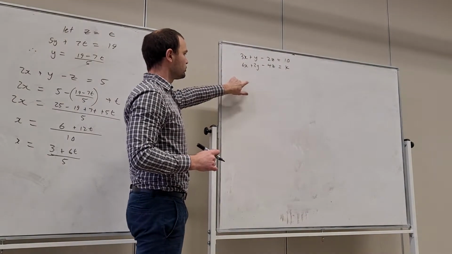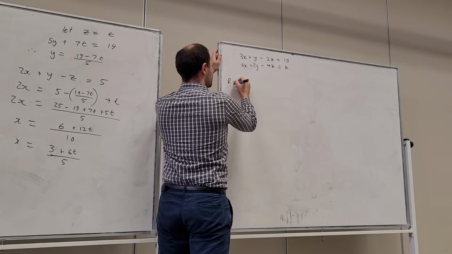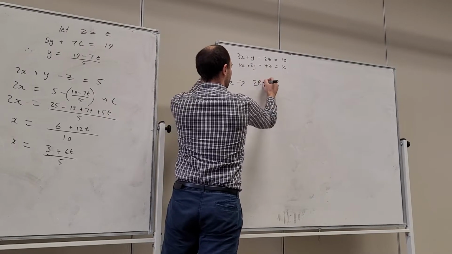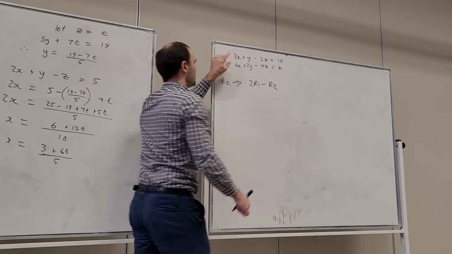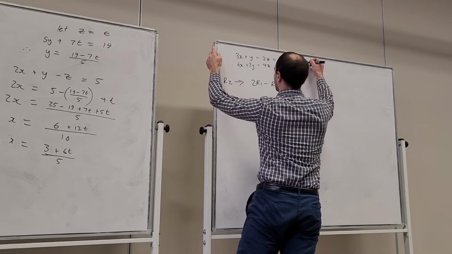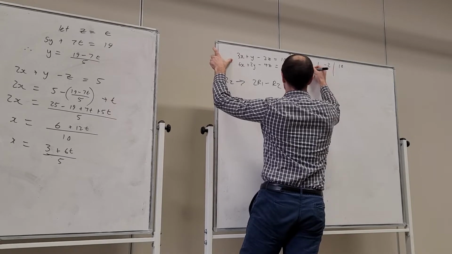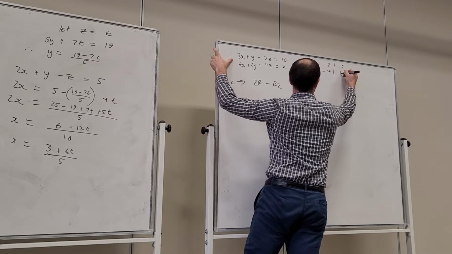So if we want to reduce this, we're going to try and get a 0 here. That's what we're doing, right? So we're going to replace row 2 with 2 lots of row 1, take row 2. I haven't written it as a matrix yet. 3, 1, minus 2, 10; 6, 2, minus 4, okay.